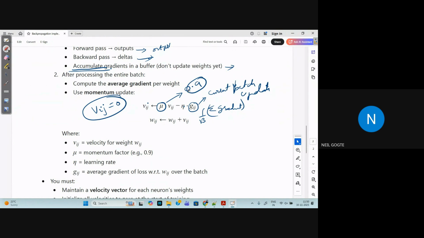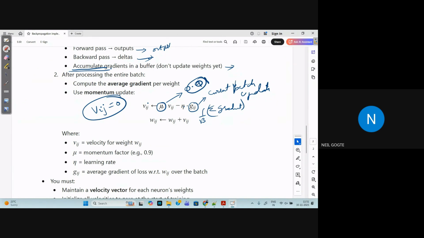If I have a high mu, my current batch update is not as influential to my overall weight update as my past. My past has more impact. If I make mu as 0.01, let's say, that means I'm not giving too much importance to my past. I am entirely dictated by the current batch update. So I am influenced by the current batch more.